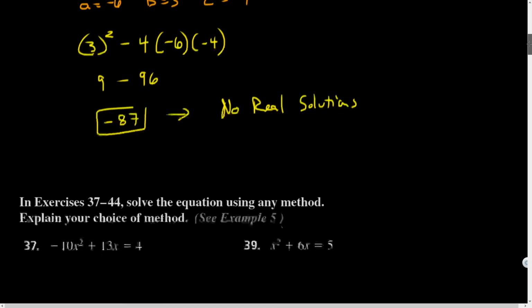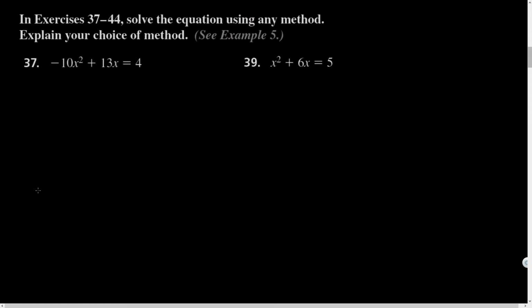Good. Let's see. Solve using any method of your choice. So okay, this one, I'm thinking this one looks like a quad formula. Because there's a leading coefficient that isn't 1, and it doesn't look easily factorable. Don't want to use complete the square because of this, and the b term's odd.